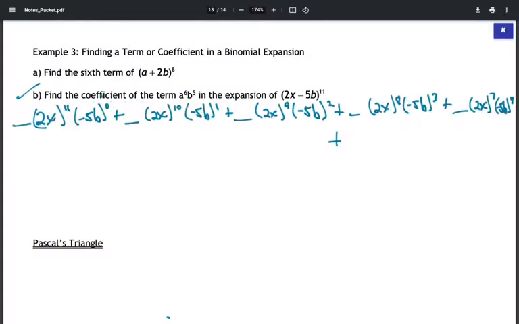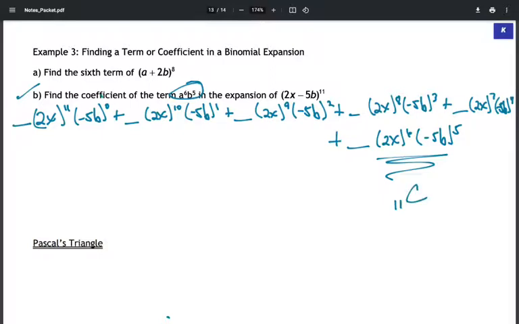Okay, I've kind of expanded this out to the 2x to the 7th power and negative 5b to the 4th. And then the next one would be 2x to the 6th power and negative 5b to the 5th power. And then it continues. But I'm going to stop there because we're looking for this one where a is to the 6th power and b to the 5th power. So that will come from this one right here. So we're going to do our c.